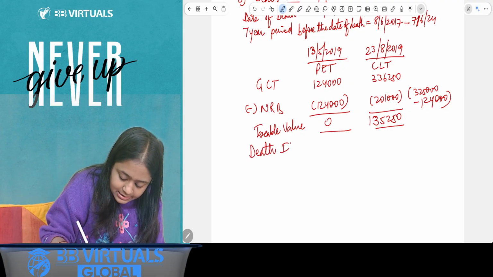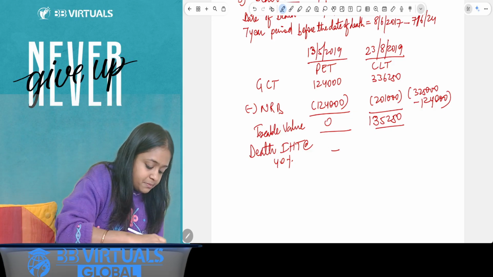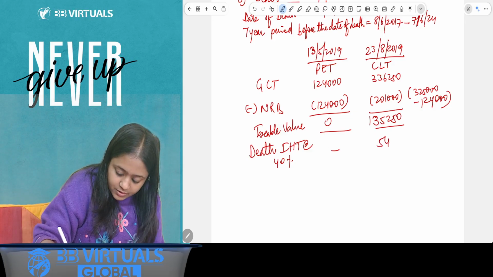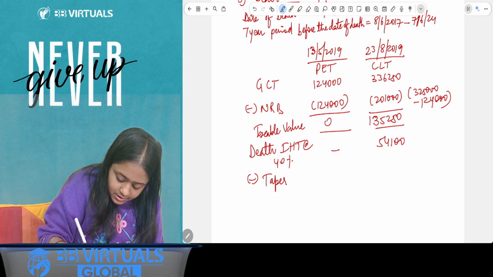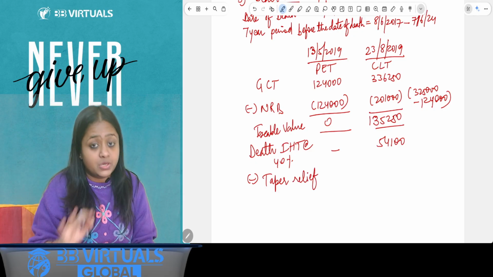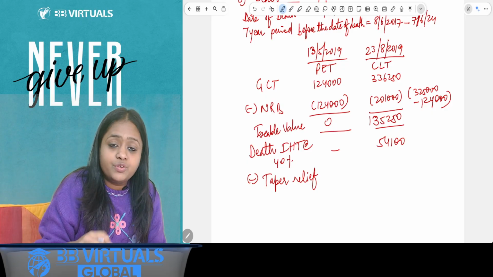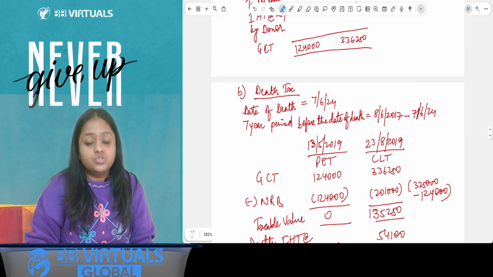Now what you have to do, calculate death IHT. Always write there death IHT, which is at the rate 40%, fixed rate. So this multiplied by 40% is 54,100. Now you know you will be reducing taper relief. So even if it is not there, it is a part of the format that you cannot skip. Now see the date of gift 2019, 23rd August. Date of death is 7th June 24.